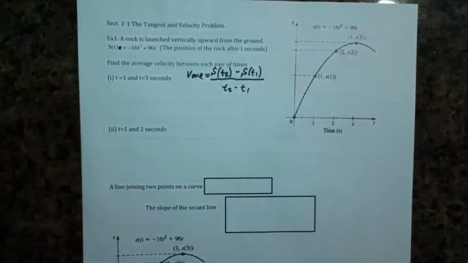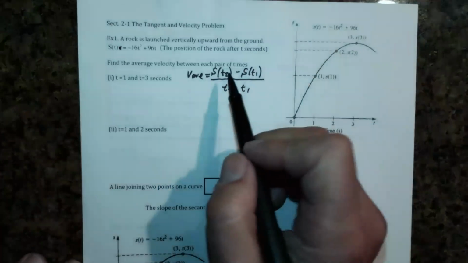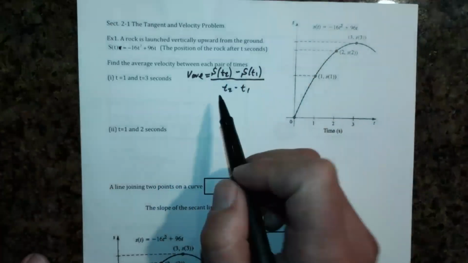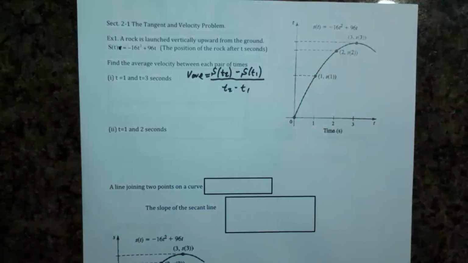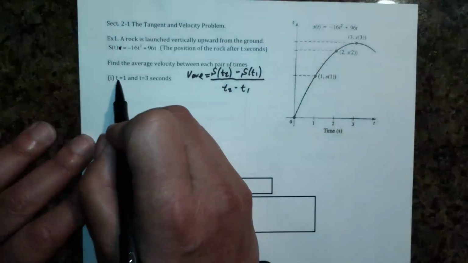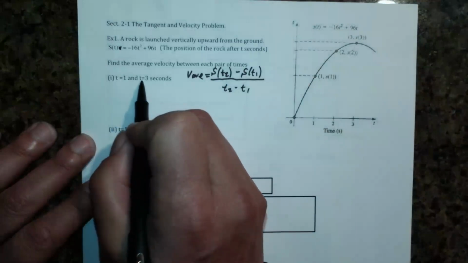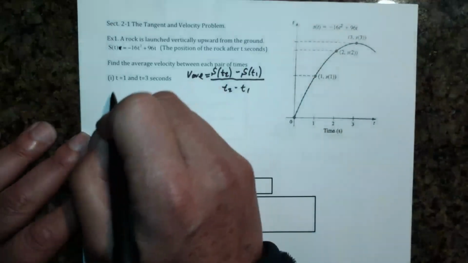And you can see it's the slope formula, right? y sub 2 minus y sub 1 over x sub 2 minus x sub 1, and so on. And so what we're going to do is, in this case, this is my t sub 1 and my t sub 2. And we're going to go ahead and do this.